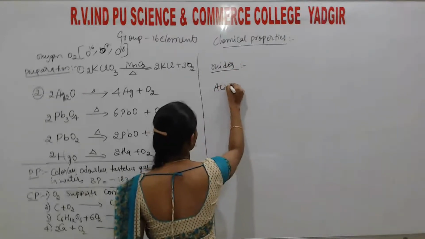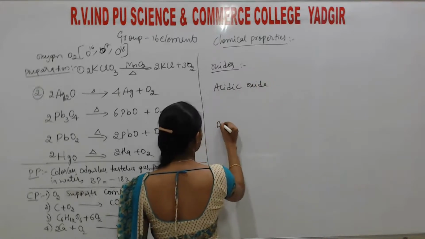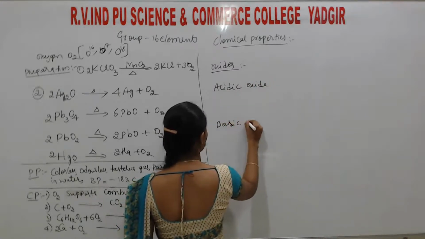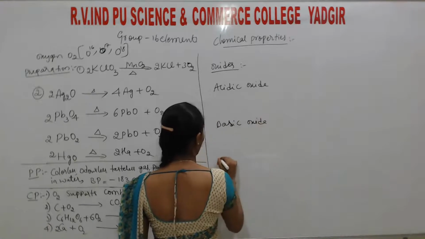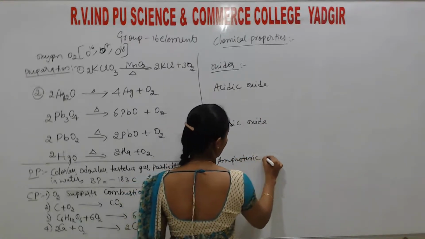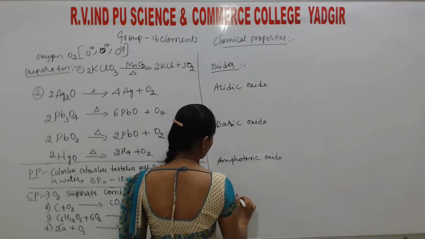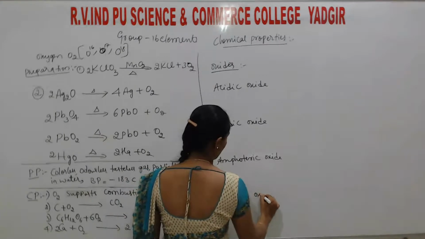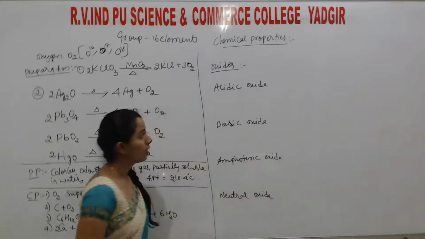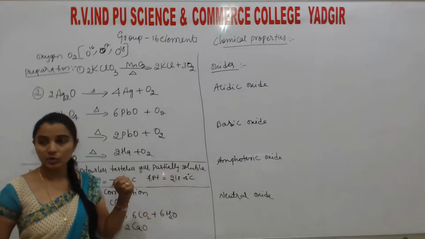One is acidic oxide, basic oxide, amphoteric oxide, and neutral oxide. Listen and write the examples. What are these acidic oxide, basic oxide, amphoteric and neutral?